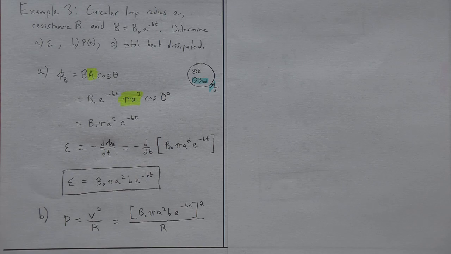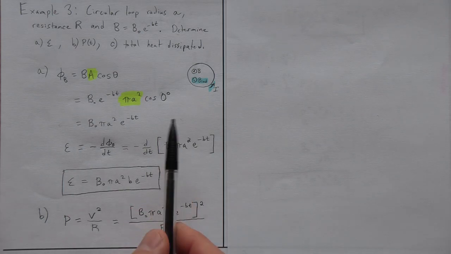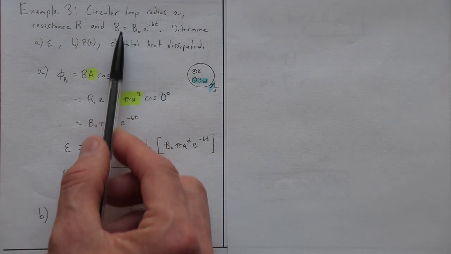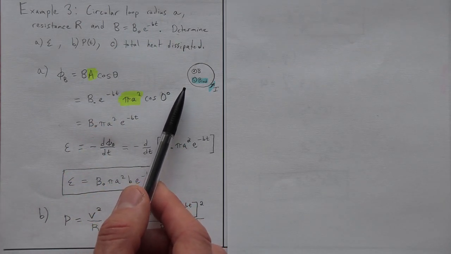First thing, it didn't ask for the direction of the current, but again, I want to practice Lenz's law, because if you have a Faraday's law problem, then usually there's a Lenz's law also, figuring out the direction of the current. So here's the original magnetic field, and then we're losing it. So B induced has to oppose that change.